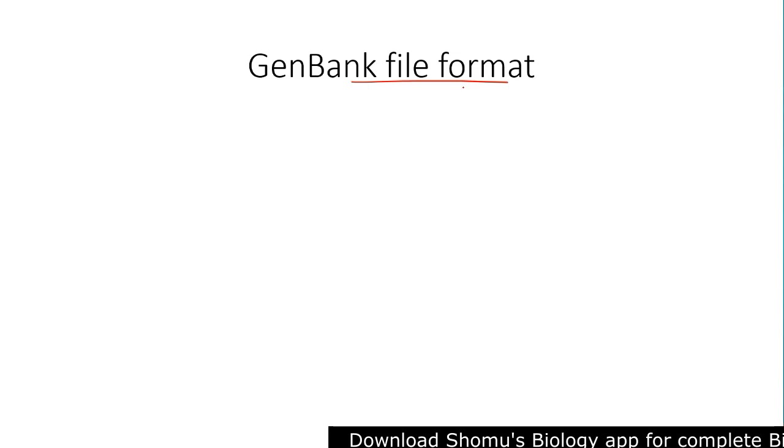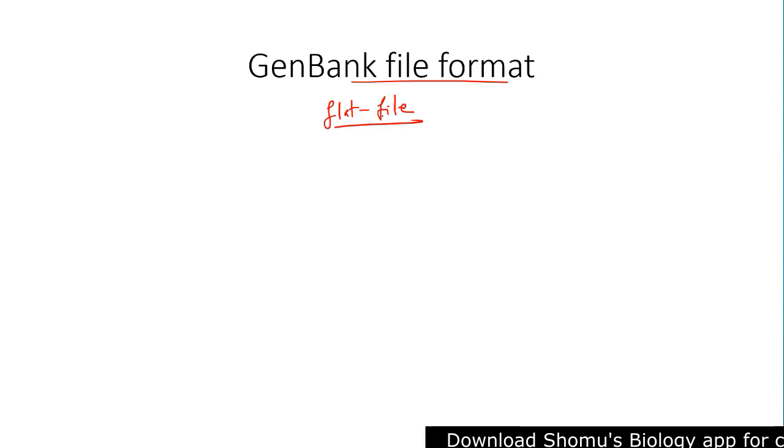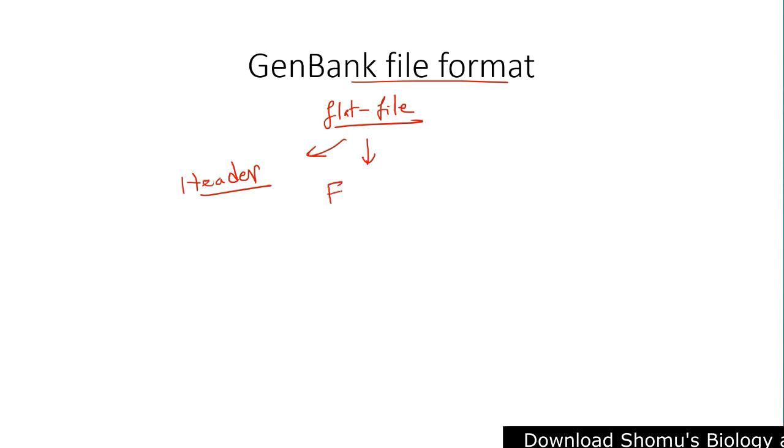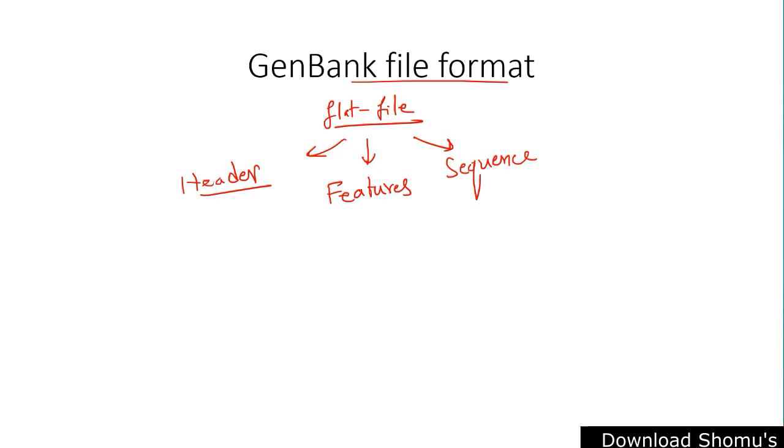Now we have Genbank file format. It's an NCBI database. They have their own file format which is known as flat file. This is divided into three different sections: header, features, and sequence. So what does the header consist of?